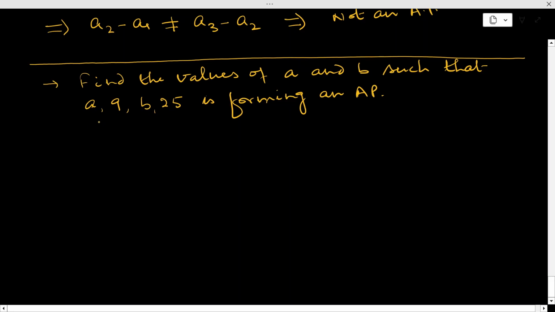So we are given the terms A, 9, B and 25.